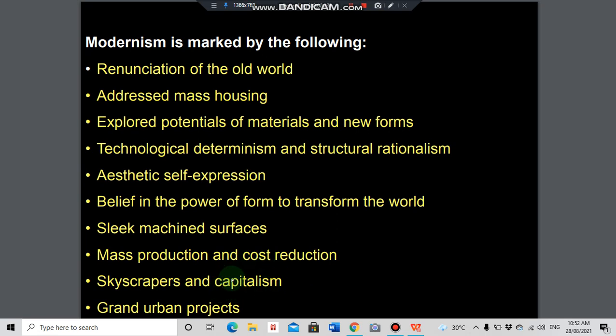Skyscraper and capitalism. Skyscraper means high-rise buildings, mga matataas na structure or buildings, and capitalism. Then, grand urban project. Grand means large and impressive, town or city, no? Project. So, kung makikita mong sa urban areas, you can see all these grand urban projects na nagsusulputan doon. No?